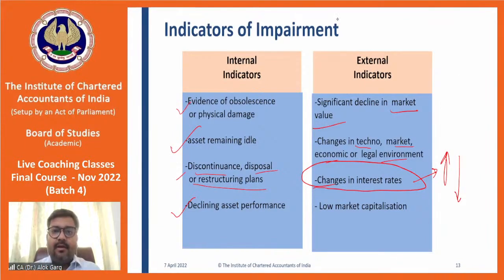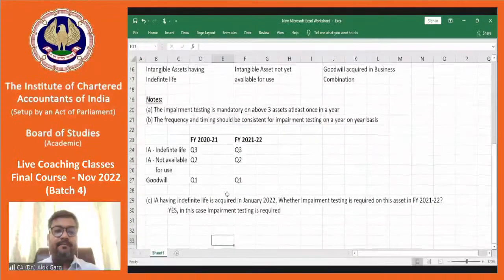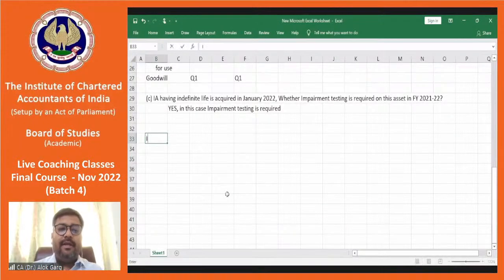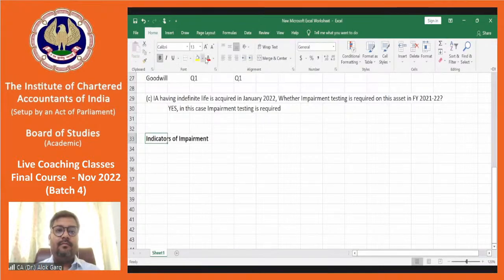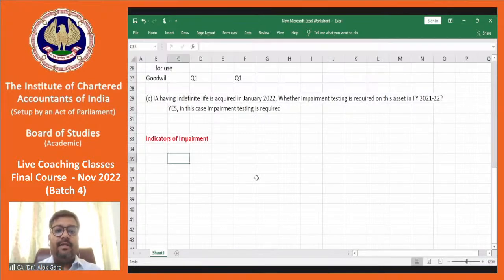So let me move to my Excel file. Indicators of impairment, right? Internal indicator and external indicator. Internal indicators we have talked about.